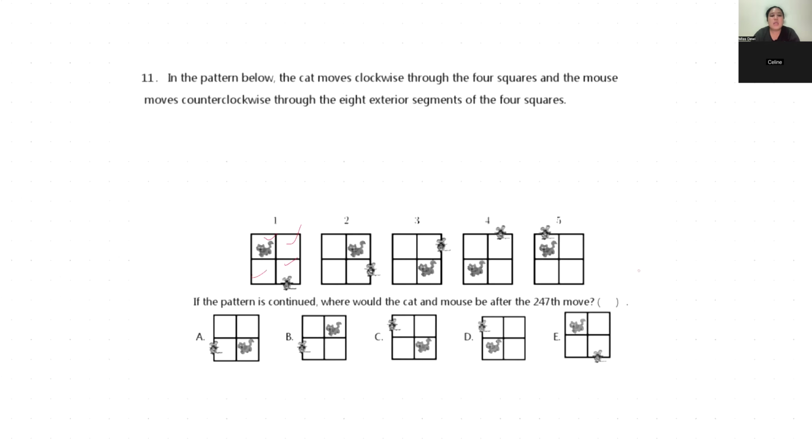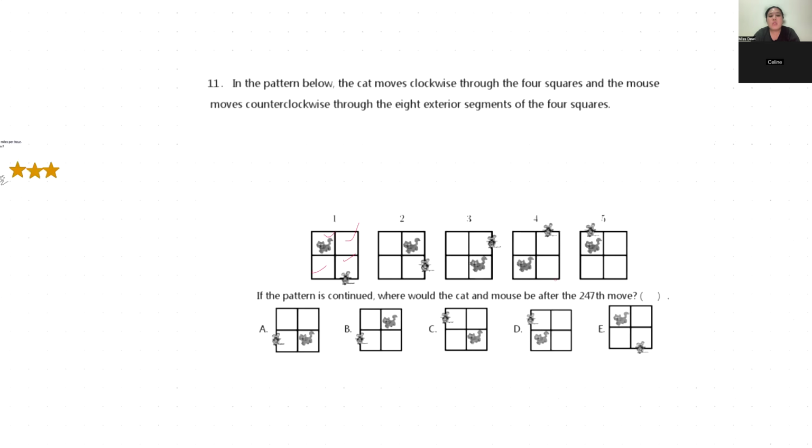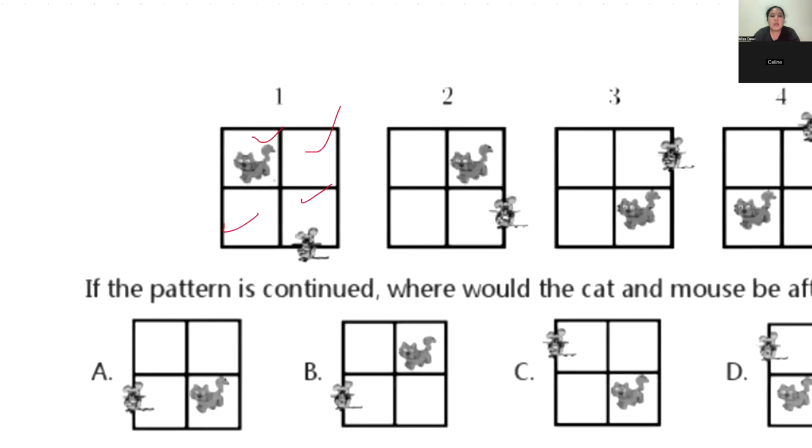Now, the question is, if the pattern continues, where would the cat and mouse be after the 247th move? You can see in here, there are two pictures inside the square. There is a cat and there is a mouse.